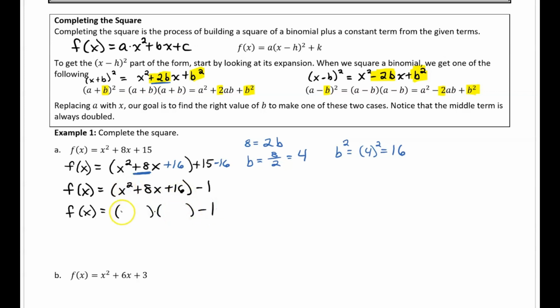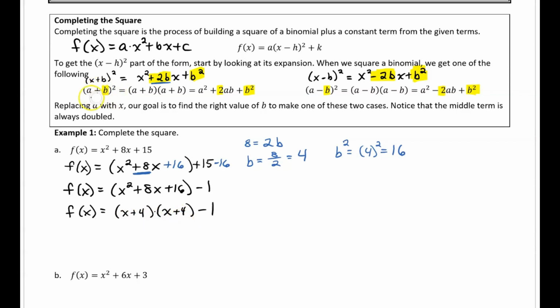I know x squared is going to be made with x times x. Then I look for two numbers multiplied to give me 16, but when I add them, I get an 8. So multiply to get 16, add to be 8. Well, that's 4 and 4. And they turn out to be exactly the same factors, x plus 4, x plus 4, because we built it that way.